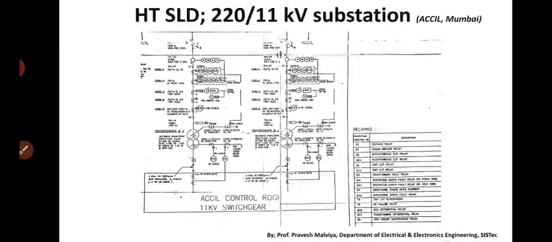So if you go to the economic analysis of a substation, you will see that a substation has a huge investment in its protective schemes, protection relays and circuit breakers, etc.